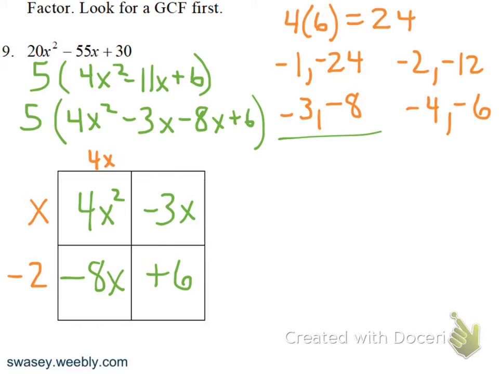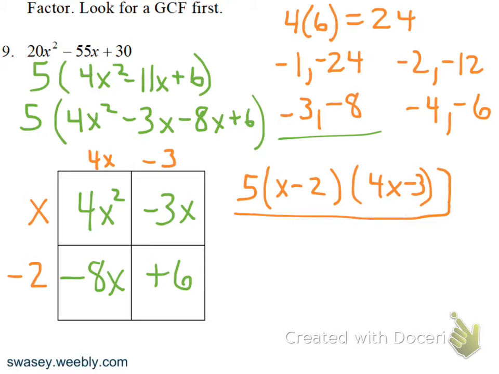Check it for the bottom row: 4x times negative 2 is negative 8x. Negative 3x divided by x is negative 3. Check it for the bottom row: negative 3 times negative 2 is positive 6. So we still have that 5 in front, and our two factors from the box give us x minus 2 and 4x minus 3.